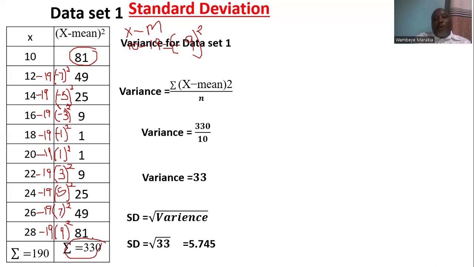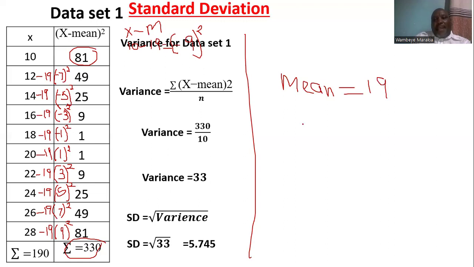This is now the standard deviation. We have calculated the standard deviation, and also we have calculated the mean. We have two things here. We have the mean of these data sets, which equals 19, and we have the standard deviation, which equals 5.745.